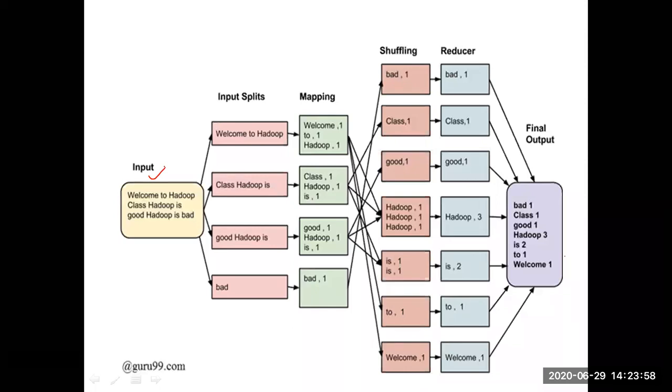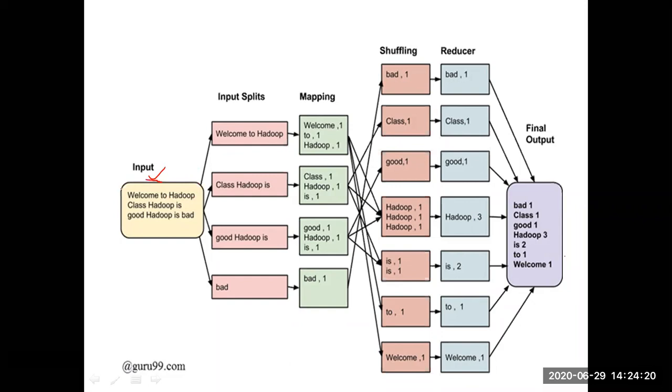So what we are doing is, first we are splitting the data. Generally this is small data, but in real time the data is very large. So instead of giving the total file at a time, we divide the original file, whose size is very large, into a number of small files.